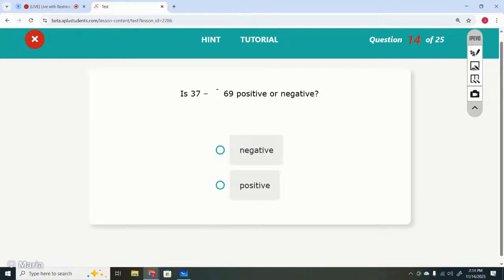Is 37 minus negative 69 positive or negative? Positive it is. Option number 2 is the correct option. Okay, you can complete the lesson by yourself later today. Let me just move on to next lesson.